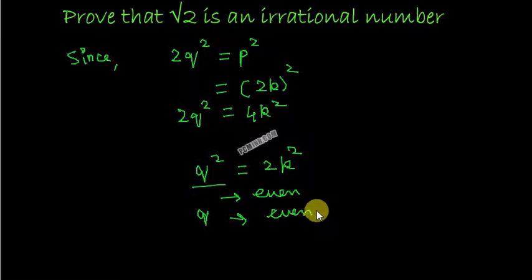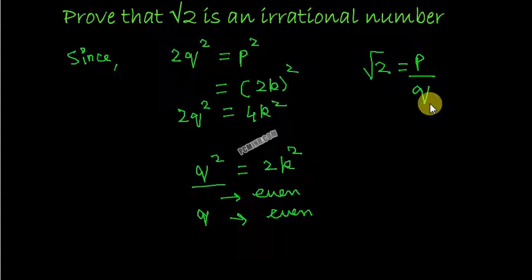So now we are getting that p and q both are even integers, but we assumed that if root 2 is expressed as p upon q, p and q do not have any factors in common. But now we are getting p and q as even integers, which means they both have 2 as a common factor.